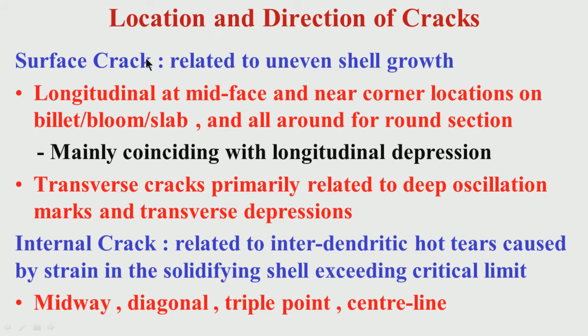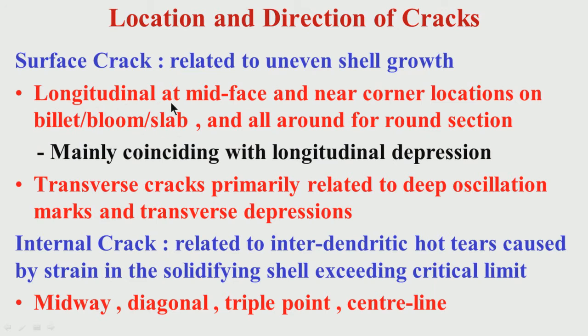Location means whether at the surface or the interior, direction means whether they are in the longitudinal direction, that means along the direction of the casting, or in the transverse direction, perpendicular to the casting direction, or at corner location. It can be at the corner location, it can be at other locations also. So, we will see those cracks.